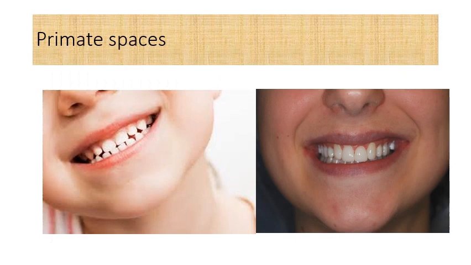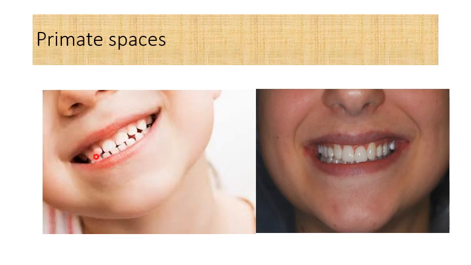The primate spaces are present between these teeth. As you can see here, the kid is having these primate spaces. They are present because the permanent teeth that have to erupt here will occupy this space, and the shape and size of the permanent teeth are larger than these primary teeth.